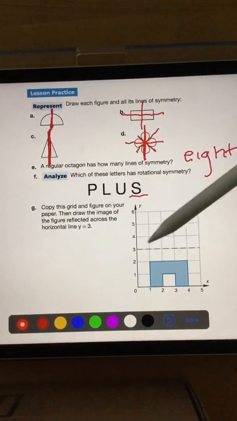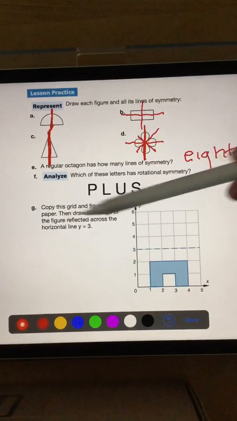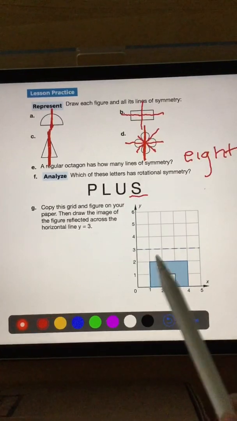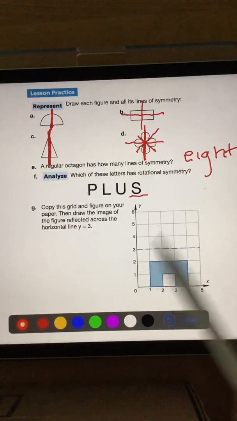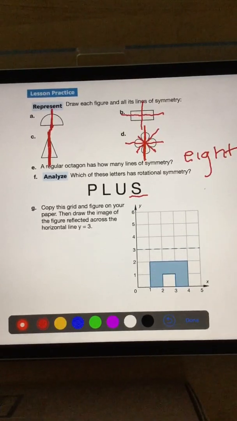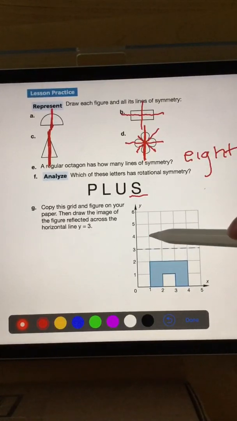Okay, so copy this grid and figure on your paper. Well, guess what? I'm just going to use this one right here. And then draw the image of the figure reflected across the Y3 line, okay? So, my image is going to start right here.